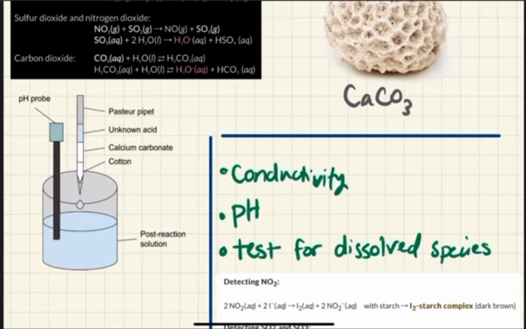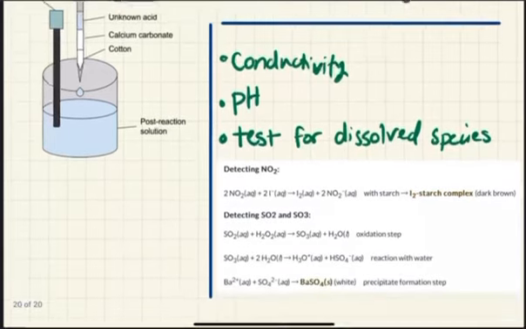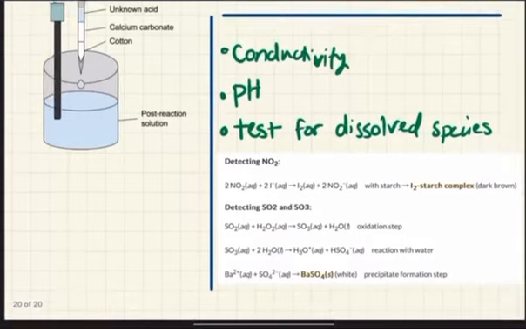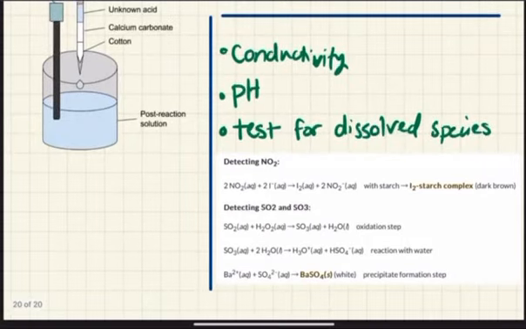All right. A final aspect I wanted to discuss for this experiment is that you'll be measuring a few different things for various water samples, so you can start to think about what these measurements mean. You'll measure the conductivity of water solutions, and you'll also measure the pH of water solutions.